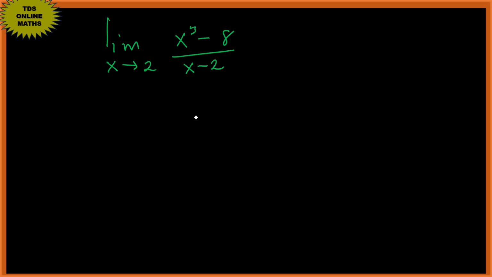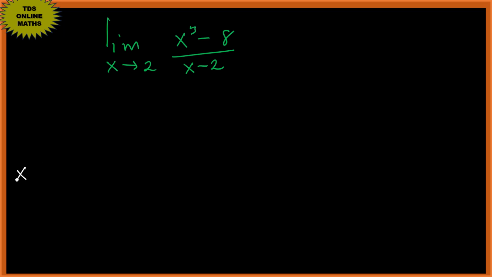All right, let's evaluate this limit. We have x cubed minus 8 over x minus 2, as x approaches 2. Let's focus on the numerator.